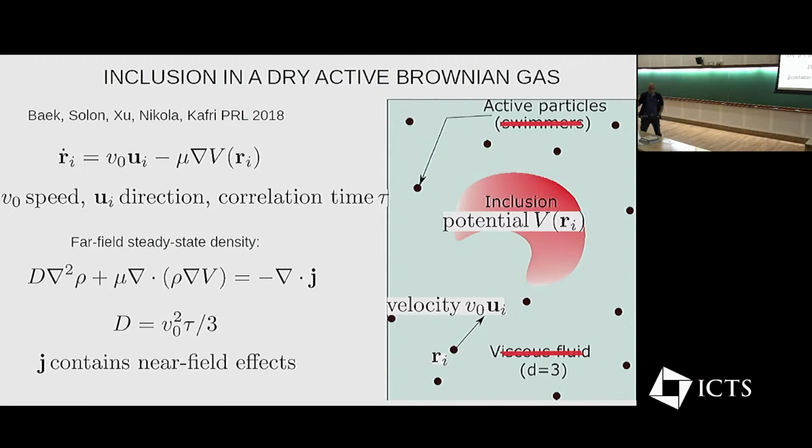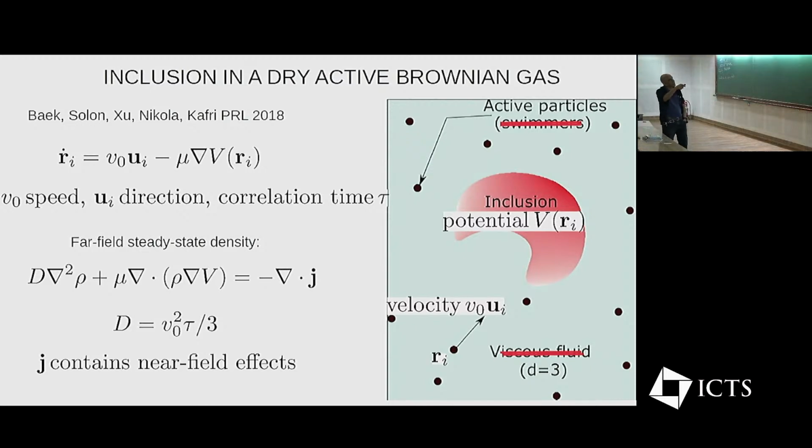the background to this problem was that this group of people a few years ago had studied the problem of a collection of active Brownian particles, not with any hydrodynamics of the medium, but just a concentration field of particles, so-called dry active matter.